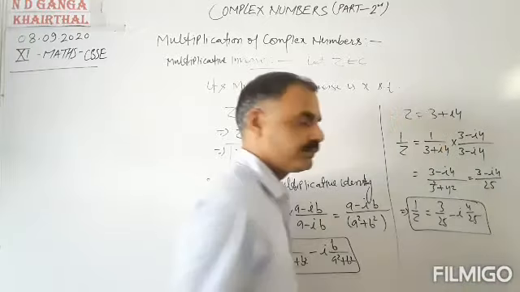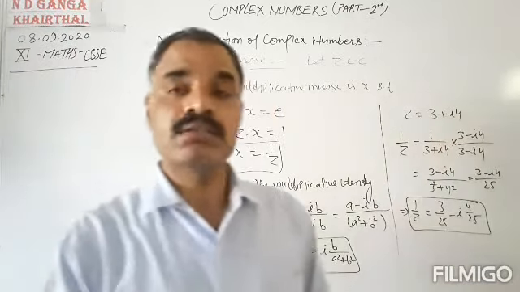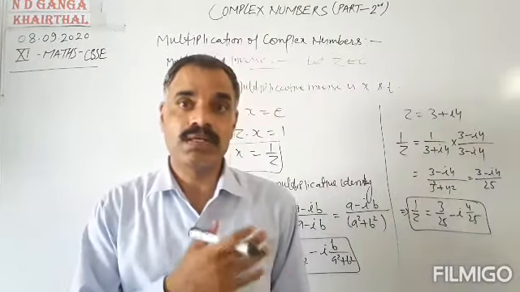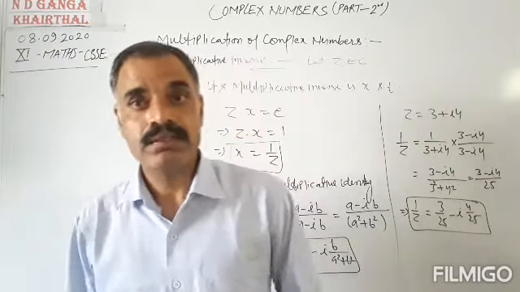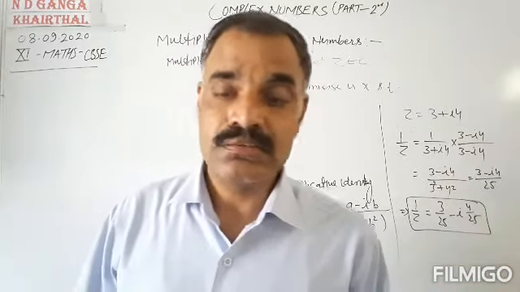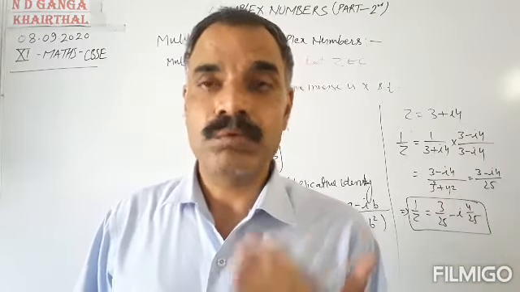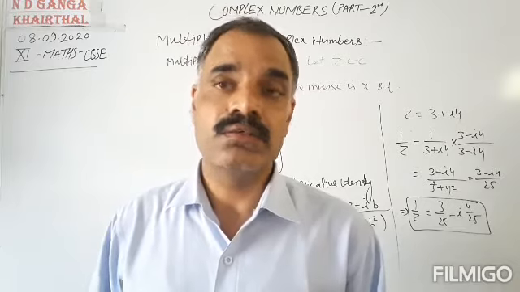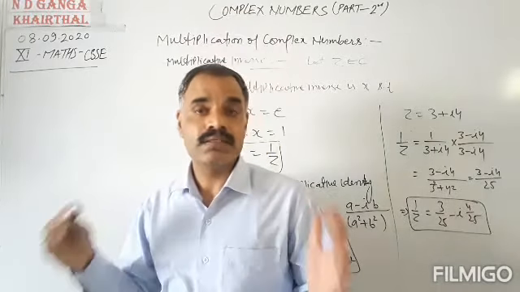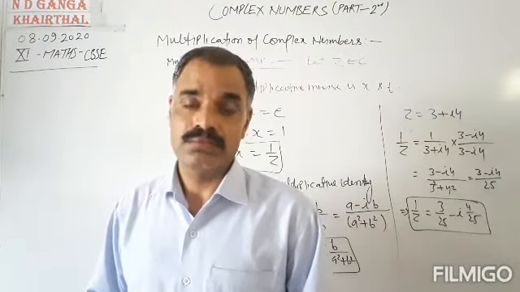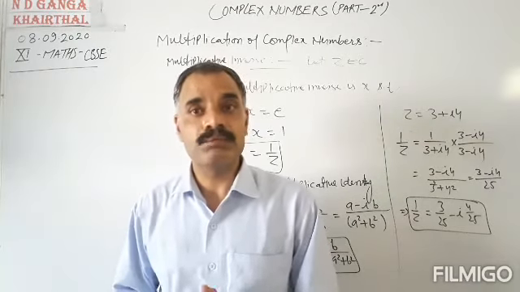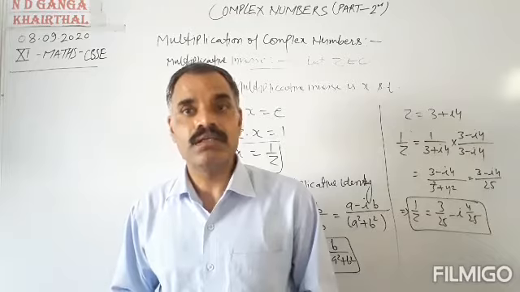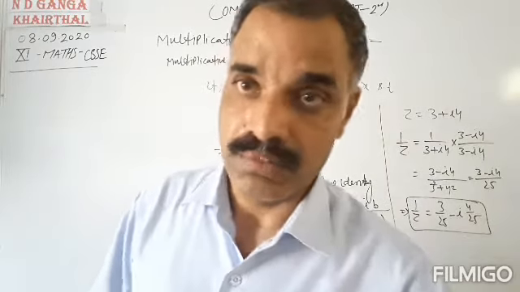This is the multiplicative inverse of the given complex number 3 plus iota 4. So this is all about the properties of multiplication of complex numbers. Now we will discuss the next property, that is division of complex numbers.